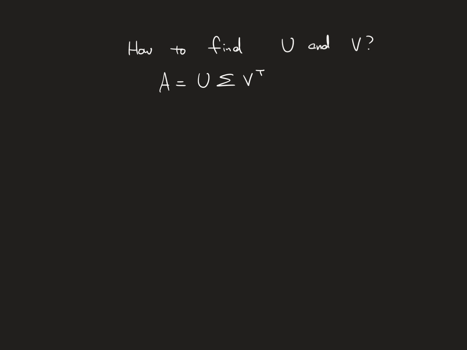So how do we find U and V for this singular value decomposition? This is called the SVD of A. Well, we can have a clue here.